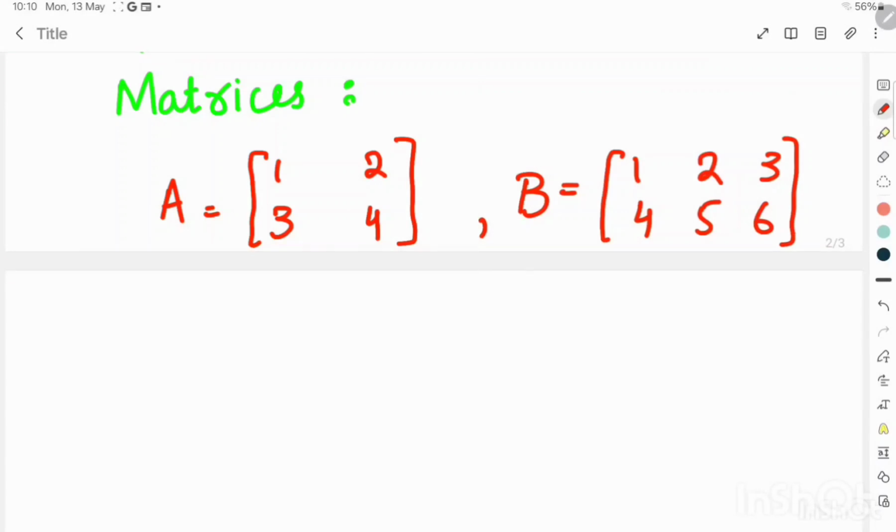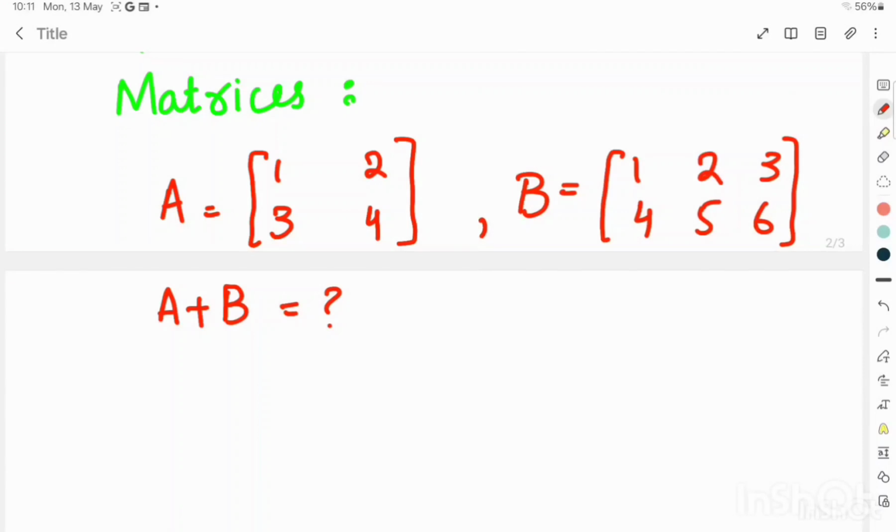So student, here two matrices are given and we have to find A plus B. To find the addition of matrices, first of all, we will check the order of both matrices. If the order of both matrices is the same, then we will go further and add both matrices. But if the order of both matrices is not the same, then we will not be able to add both matrices.